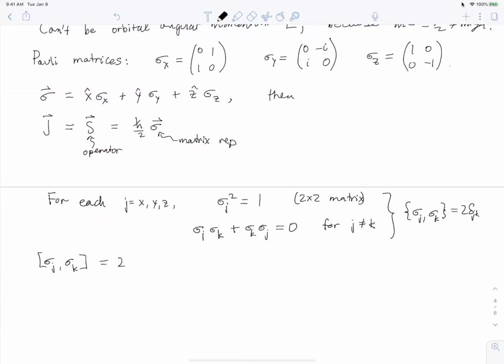So that's the anti-commutator, and then the commutator of sigma_J with sigma_K is equal to 2 times i times a sum over L, which is often suppressed, of epsilon_JKL sigma_L. Oops, that should be JKL. So these are in disguise the angular momentum commutation relations.